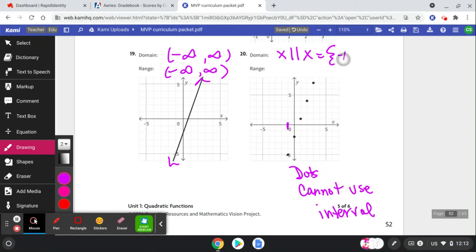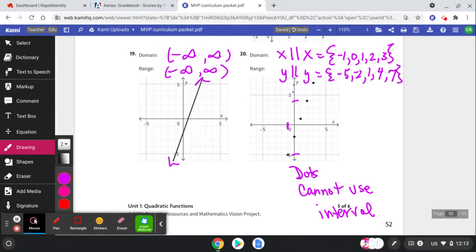There's an x value at -1, an x value at 0, an x value at 1, 2, and 3. And y such that y equals, this is my range, there's a y value at -5, at -2, 1, 4, 5, 6, 7, and 7.